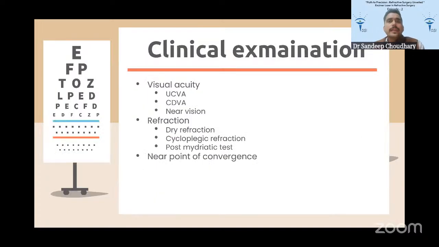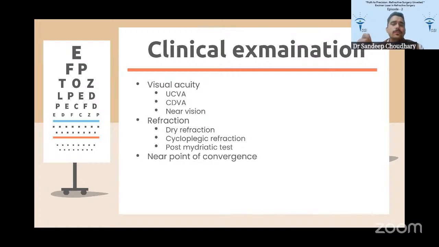With that, to proceed with the clinical examination, of course, we need to know the uncorrected and corrected distant visual acuity, and also the near vision and dry refraction. Cycloplegic refraction is very important, because in both myopia and hyperopia we need to exclude pseudomyopia, and we also need to know if the patient has any latent component in their hyperopia, so that we don't end up with an undercorrection. Also the prism cover test.